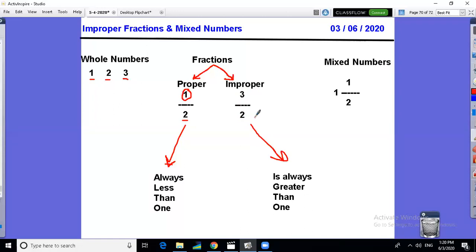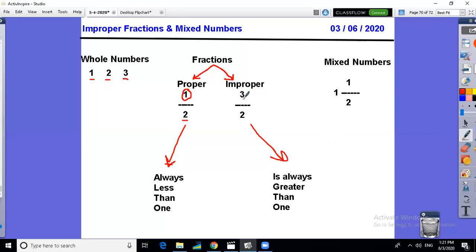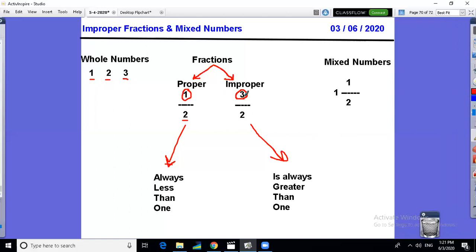We say Saif ate three halves. All right, he finished one whole pizza and another half of it. That's what we call an improper fraction, and that's why we always say it is always greater than 1. And of course, in an improper fraction, the numerator is always greater than the denominator, like here in 3/2.